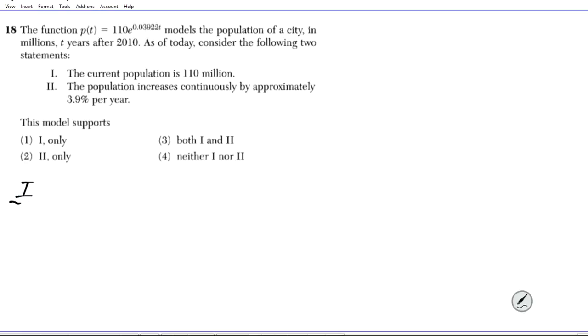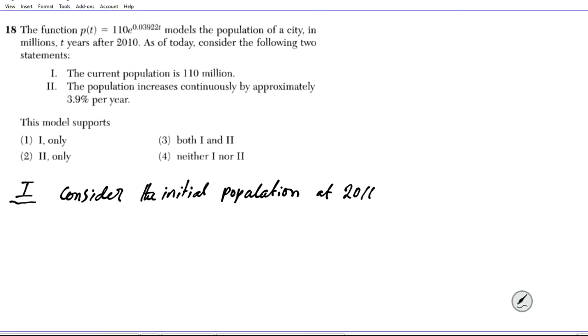So let's consider the initial population at 2010, where t is equal to 0. Let's see what happens there. For that, we plug in 0 into the function.